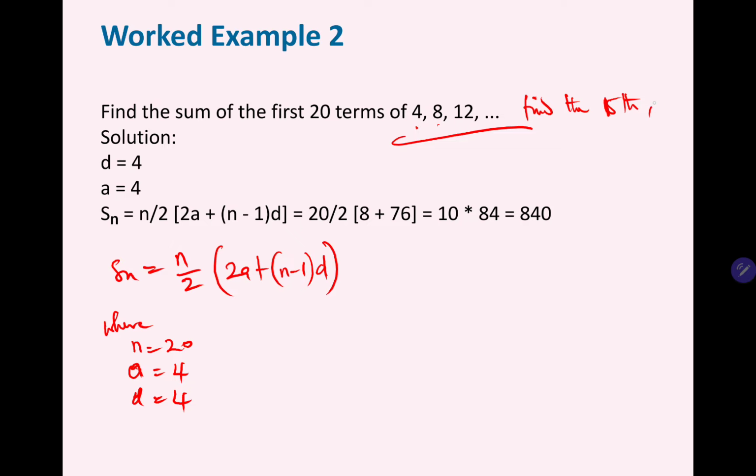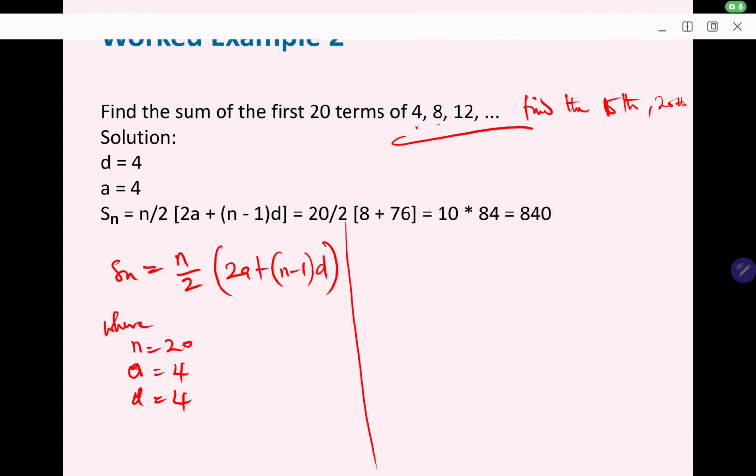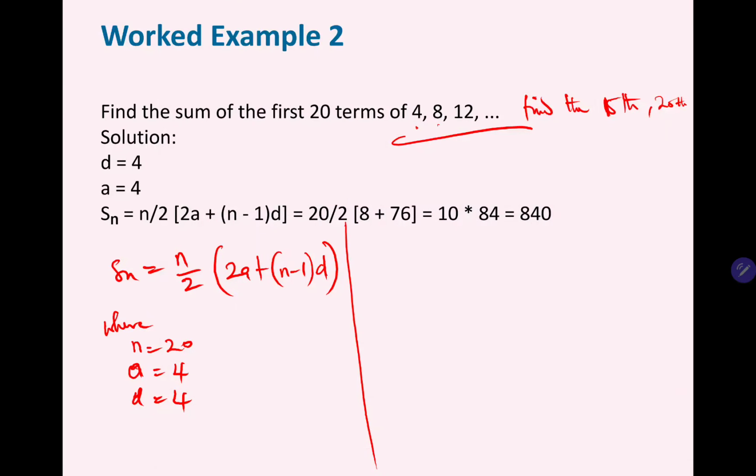Please bear in mind, to find the sum of the first 20 terms is different from finding the 20th term in a sequence. They are two different things. All right, so we move on.